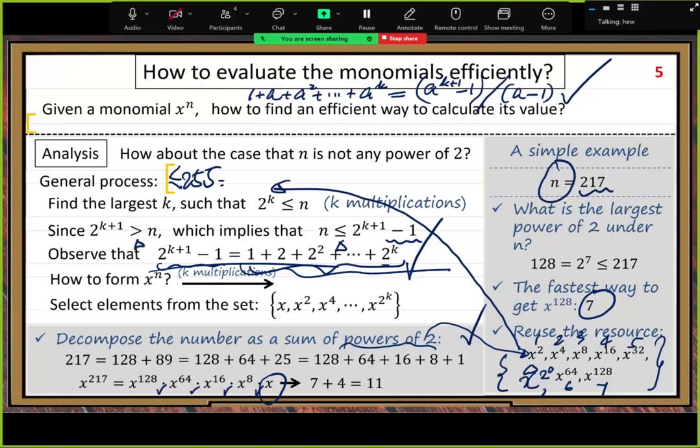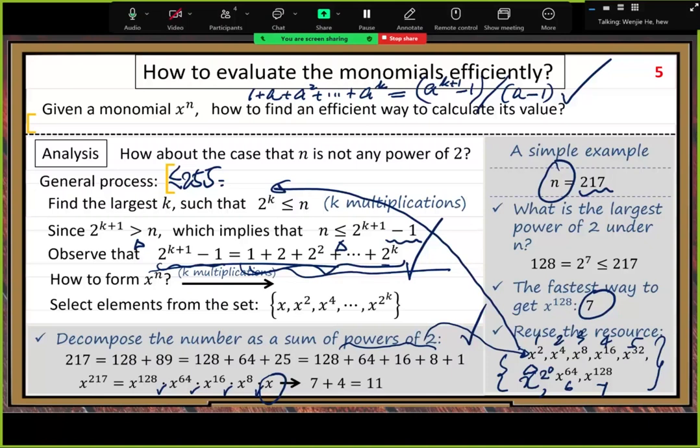Then when you take away some of the terms, you can represent other smaller numbers. All right. So you can see a lot of things. So we finished this topic, the repeated squaring topic.